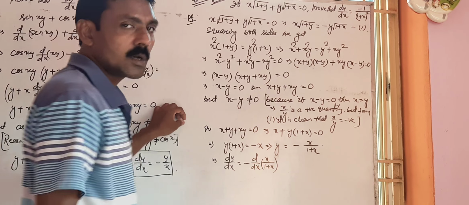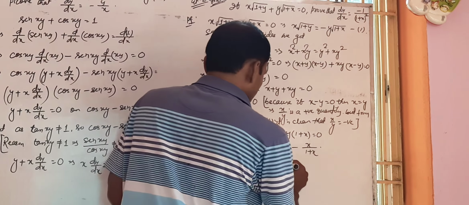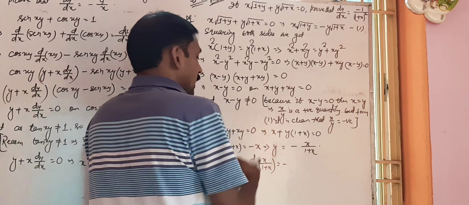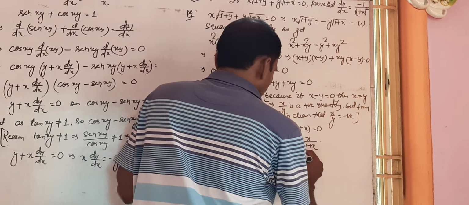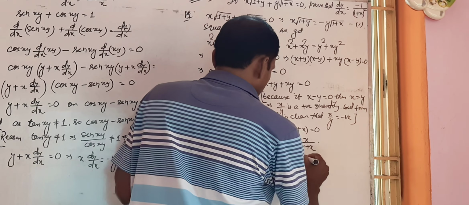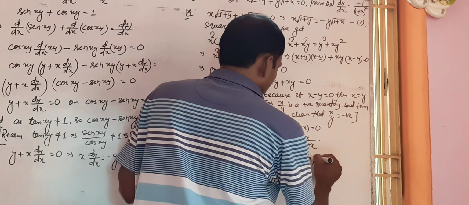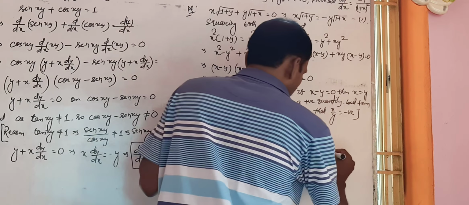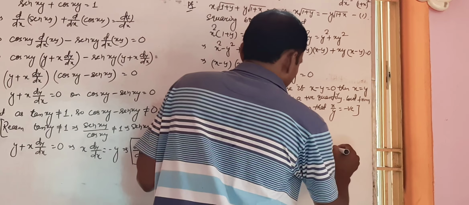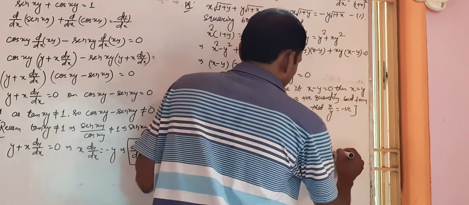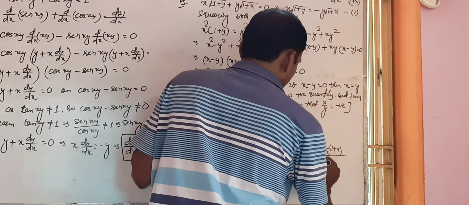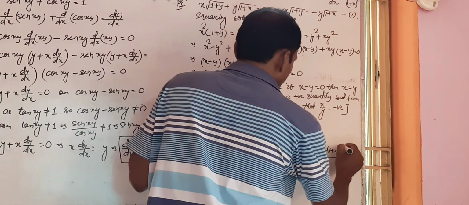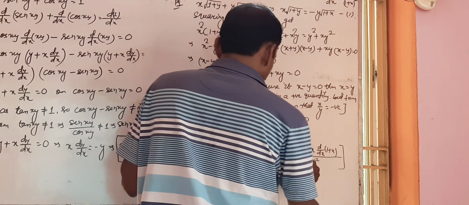Now we will use the quotient rule of derivative. So it is minus, first derivative of the numerator dx by dx into denominator, minus numerator into derivative of 1 plus x, whole divided by square of the denominator.